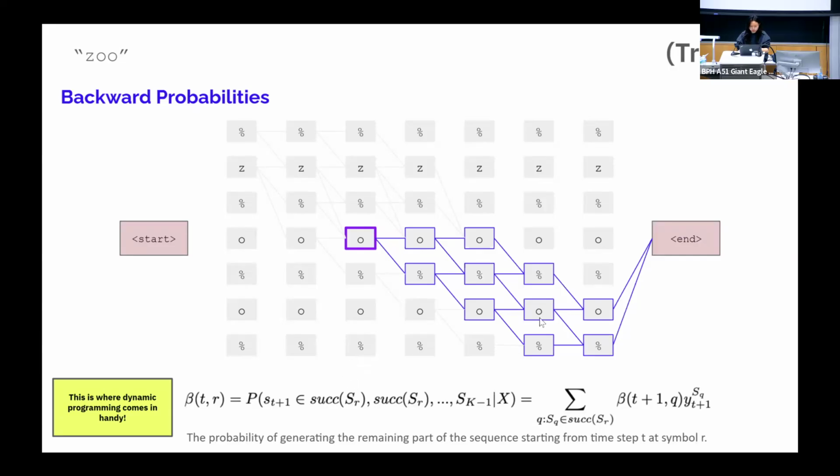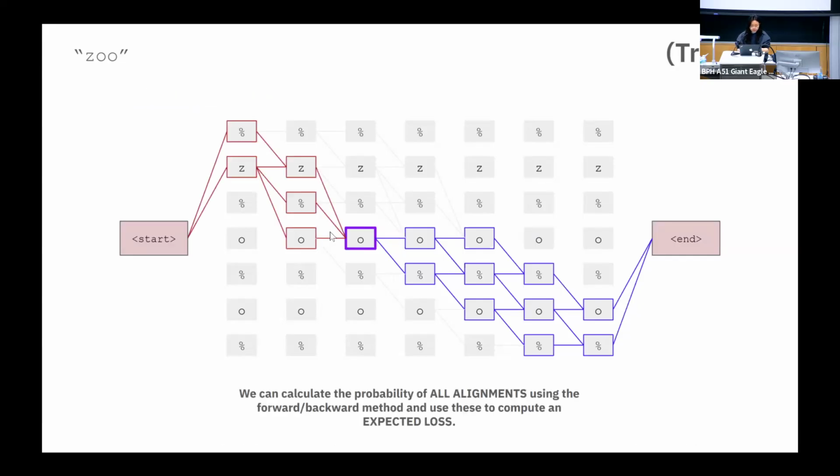We sum over all the future states, denoted as beta t plus 1 comma q, that come after this current symbol s_r at time step t, and then we multiply by y_t plus 1. This is the probability that the model predicts the next symbol at the next time step. So for the backward probabilities we sum over all the future states, and for the forward probability we sum over all the previous states. So at the end, we get the forward and backward probabilities.